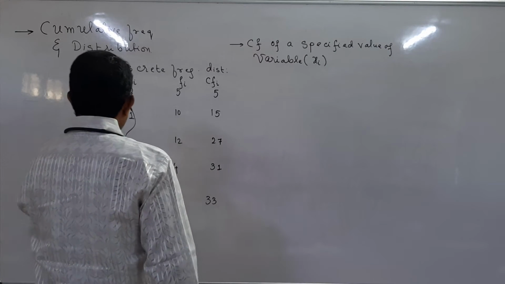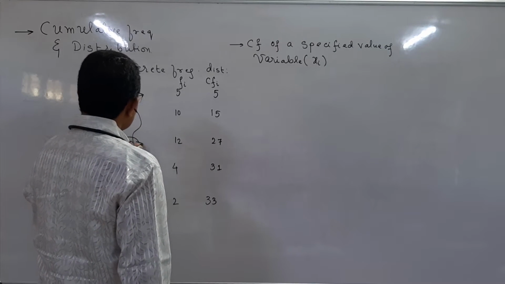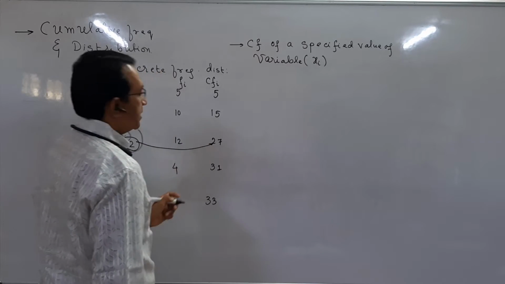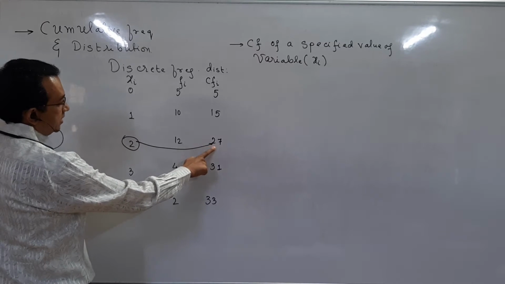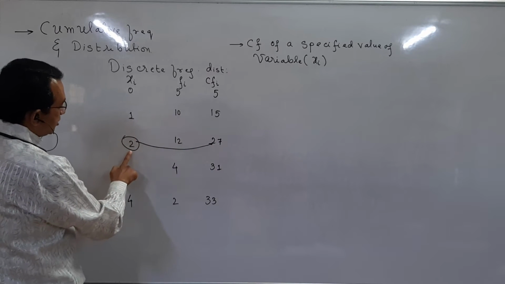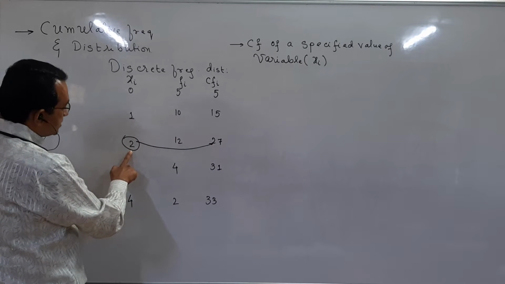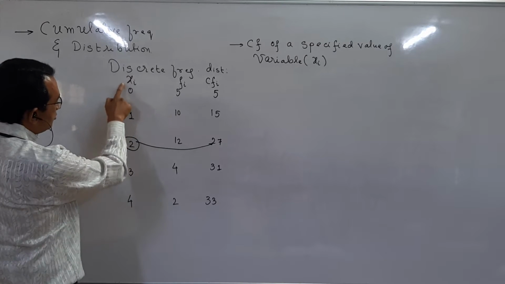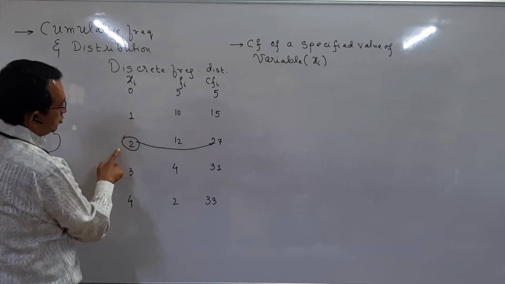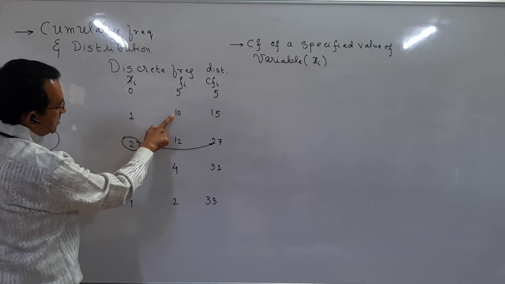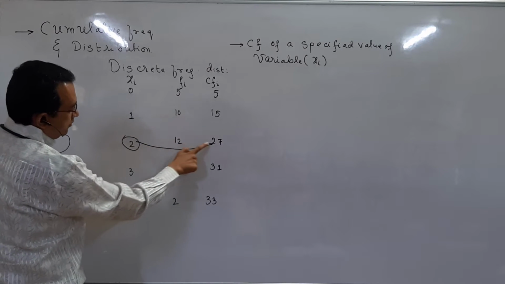Now cumulative frequency of 2 is how much? 27. How is this 27 obtained? It is the addition of frequencies of all the values of xi which are less than or equal to 2. Check: 5 plus 10, 15 plus 12, 27.